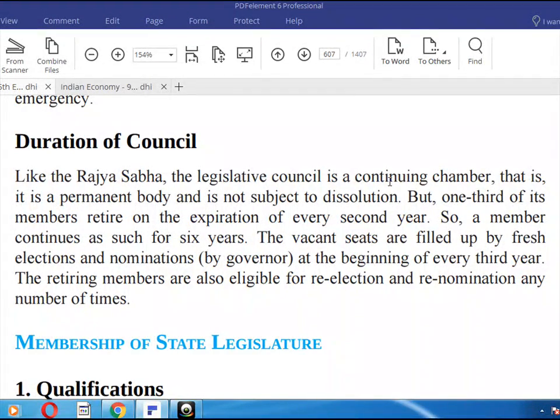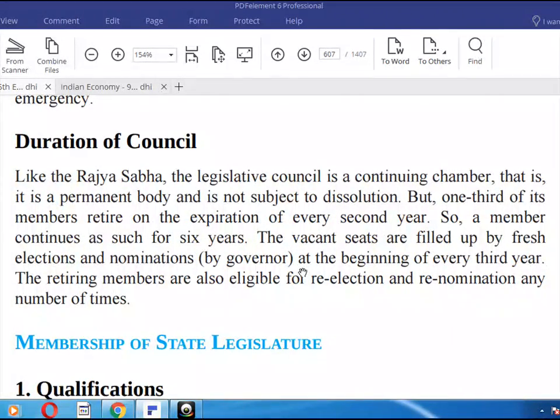Duration of the council. Like the Rajya Sabha, the Legislative Council is a continuing chamber, that is, a permanent body and is not subject to dissolution, but one third of its members retire on the expiration of every second year. So a member continues as such for 6 years.